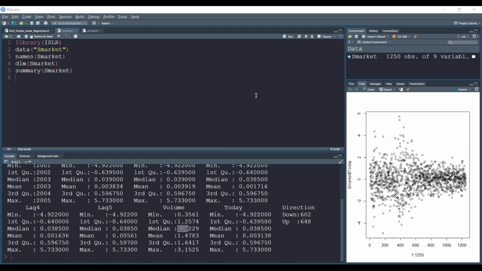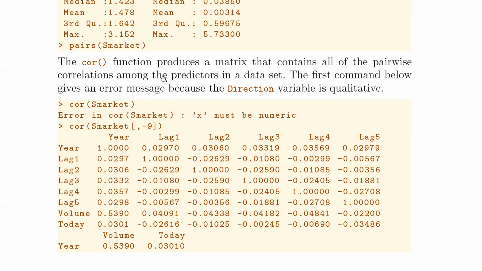the core function. The core function produces a matrix that contains all of the pairwise correlations among the predictors in a data set.